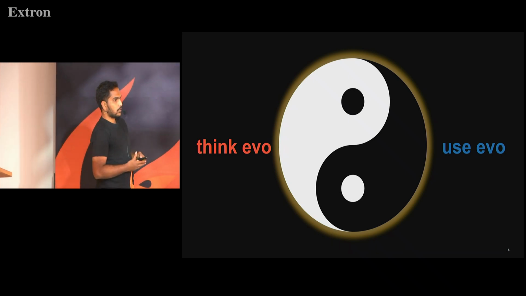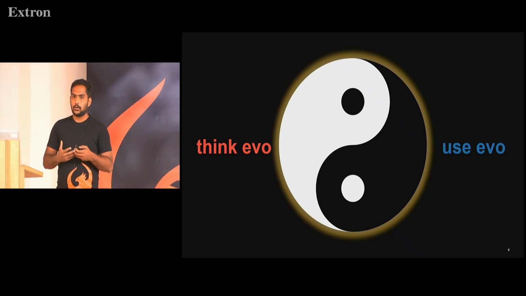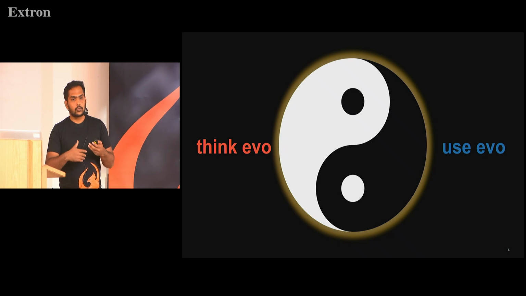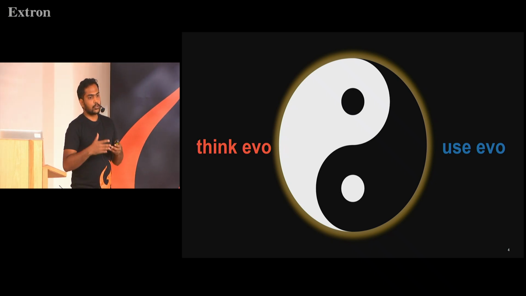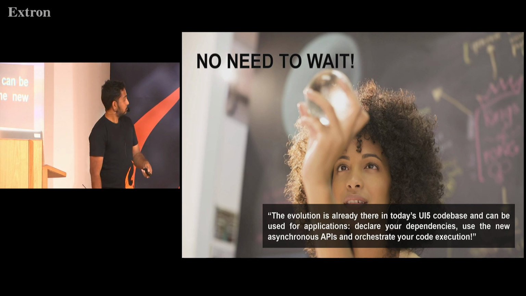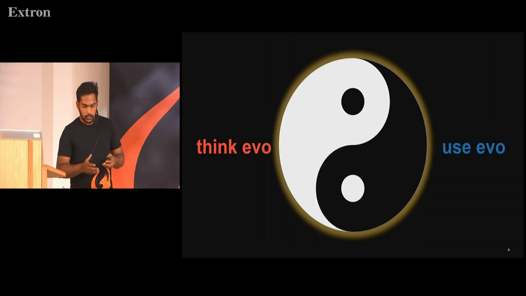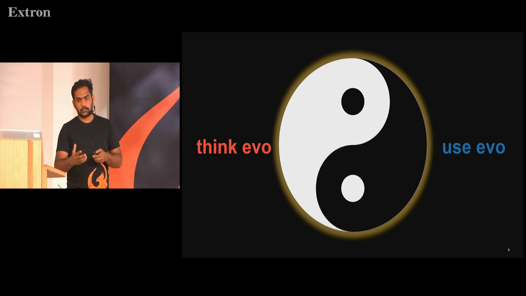Think Evo is the right mindset, in the sense of the mindset to become more open and to familiarize yourself with the newest trends and technologies. Use Evo, on the other hand, is that you're using the right feature set for your development as well as the right development tools.